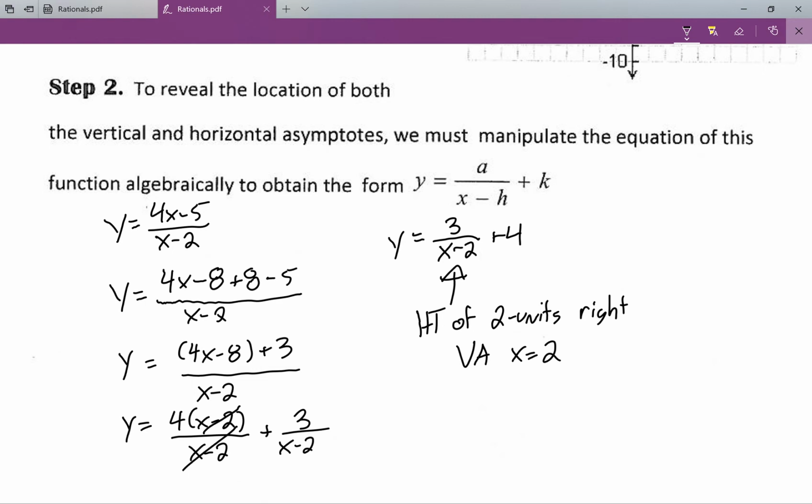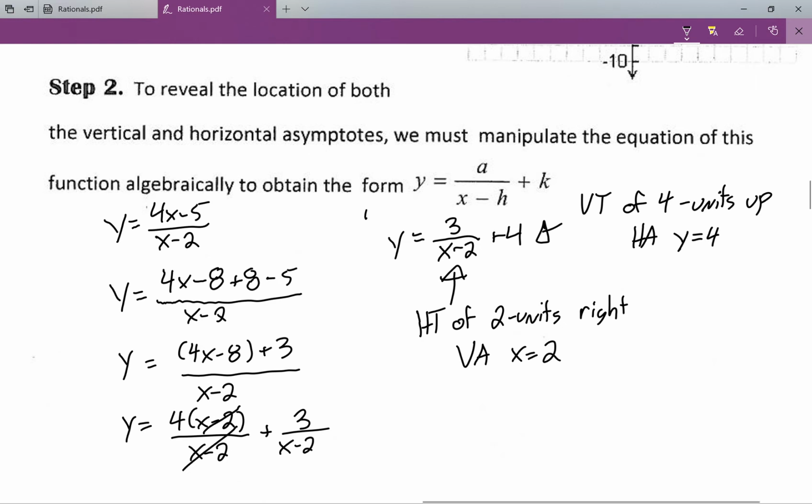The 4 right here, well, this tells me that I'm going to have a vertical translation of 4 units up. Or rather, my horizontal asymptote is going to occur at y equals 4.